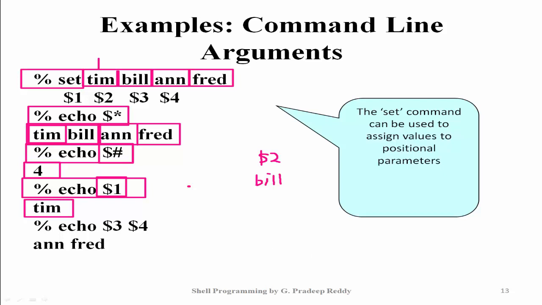Here we have specified echo $3 and $4. So $3 is Ann and $4 is Fred, so that you get the third and fourth ones, Ann and Fred.